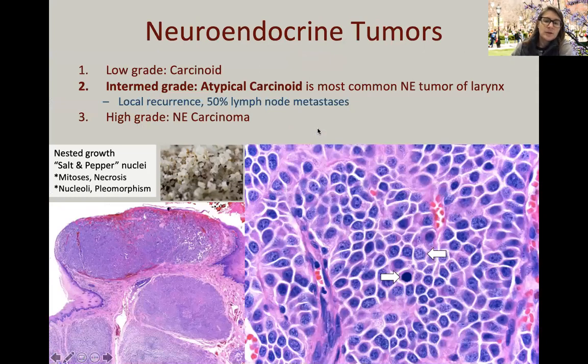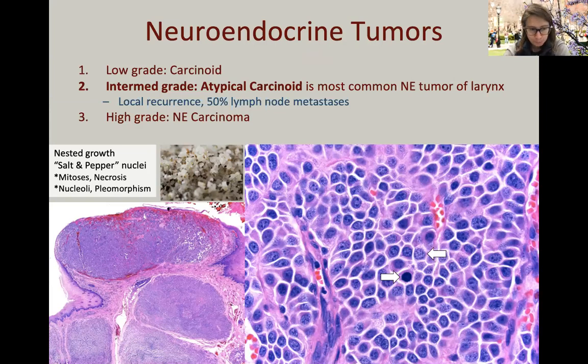The most common neuroendocrine tumors that occur in the larynx range anywhere from carcinoid to atypical carcinoid to neuroendocrine carcinoma. You may be more familiar with these tumors in the lungs, but the exact similar morphology tumors can occur in the larynx because it's all connected, the tracheobronchial tree up to the larynx.